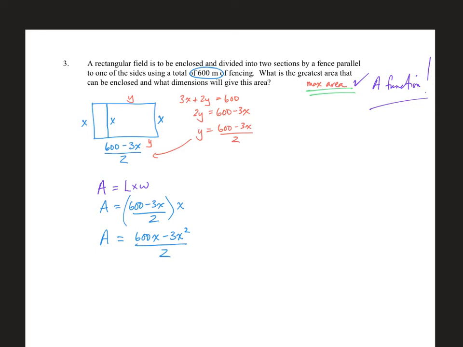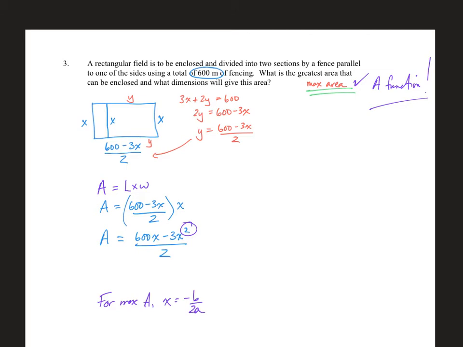And when I get down to that point, I just want to draw to your attention one key thing. Because we need to find a max area, we know that in a quadratic function, our max areas are found by using negative b over 2a. So if I was to jump down here and say, well, then I know for max area, my independent variable, in this case x, has to equal negative b over 2a. You might notice that that form that I have in the blue of the function isn't that useful.